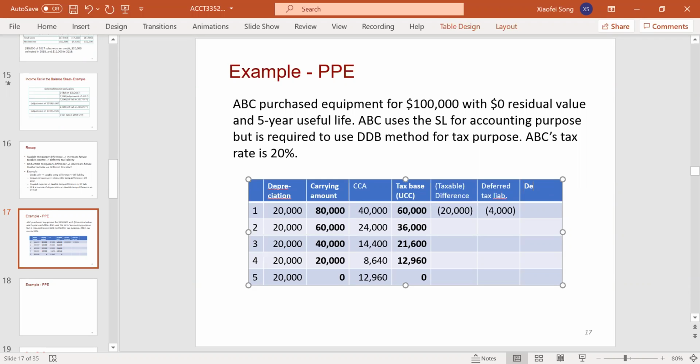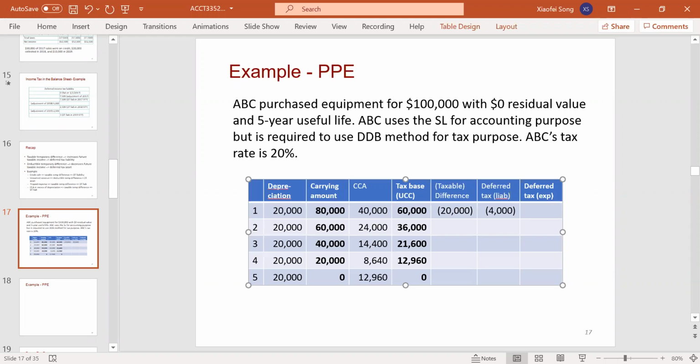That will be a deferred tax expense. And let me be careful with the sign. Because this one just has one item, it doesn't matter. But if you want to use this as an example to solve problems with multiple differences, it's important to keep the sign right.